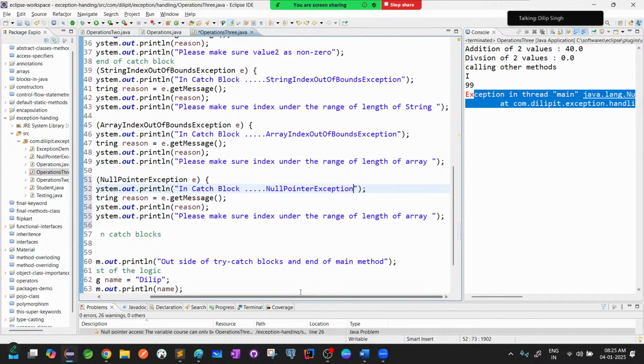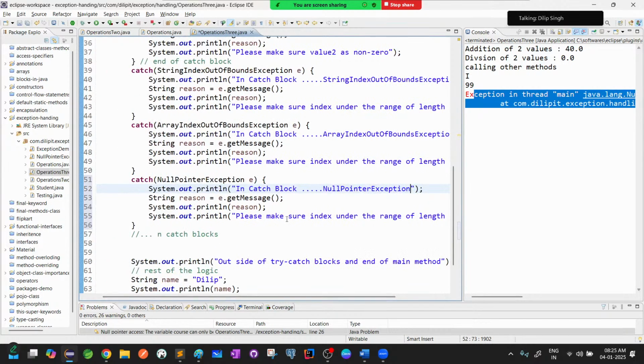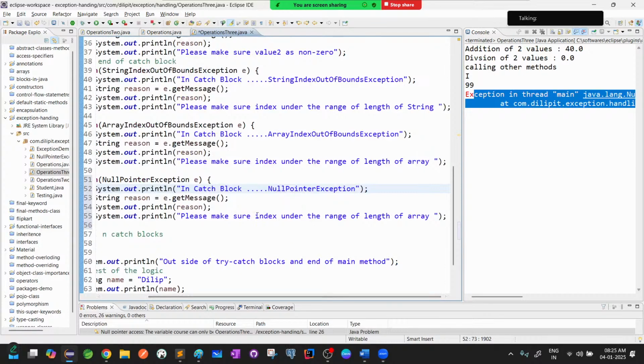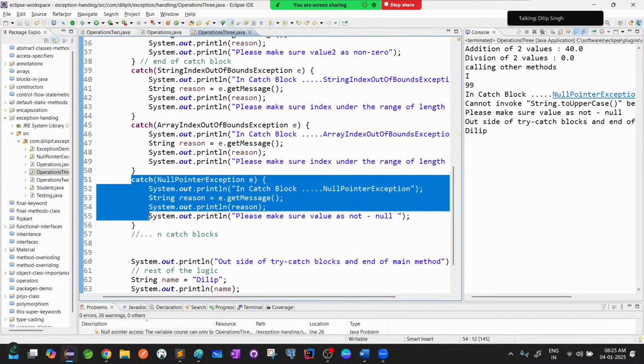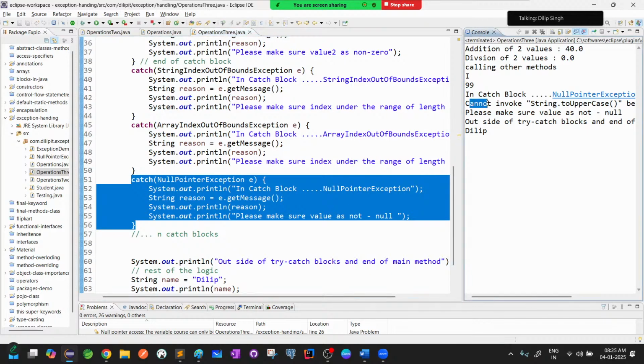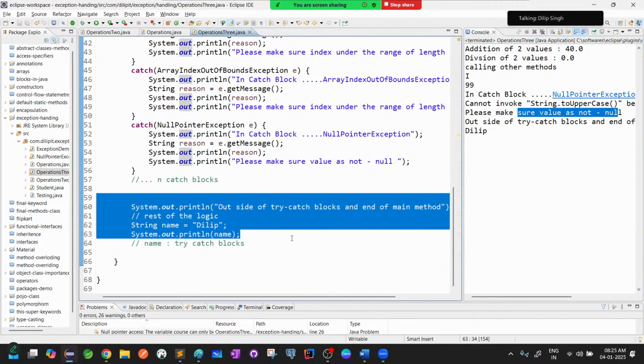In the catch block of null pointer exception, the reason you will give is, please make sure the value is not null, that some real value exists, something like that. Whatever it is, a message. Now what will happen? Null pointer exception came and that catch block was found. So it entered into the null pointer exception catch block, and you gave the message also, please make sure not null, and the rest of the logic is executed.